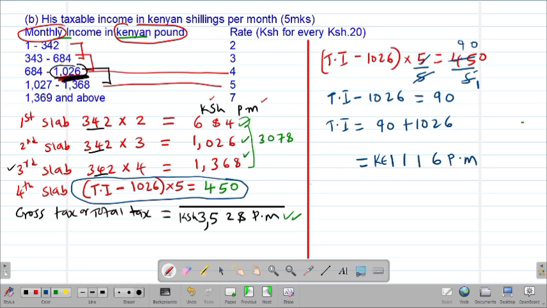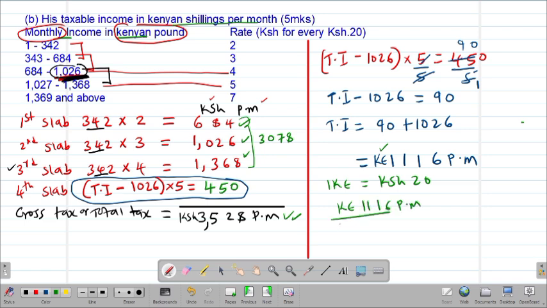So this one must also be in Kenyan pounds per month. Therefore, this was our taxable income. But the question wanted us to get the taxable income in Kenya shillings per month. So we just need to convert this one into Kenya shillings. We know that 1 Kenyan pound is equal to 20 Kenya shillings. So what about 11.16 Kenyan pounds per month?